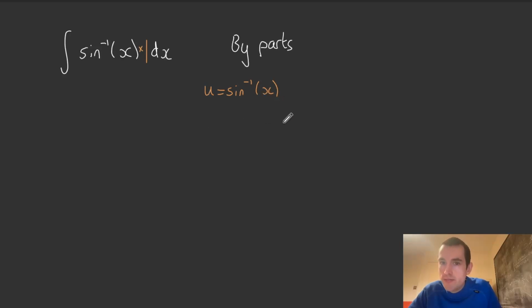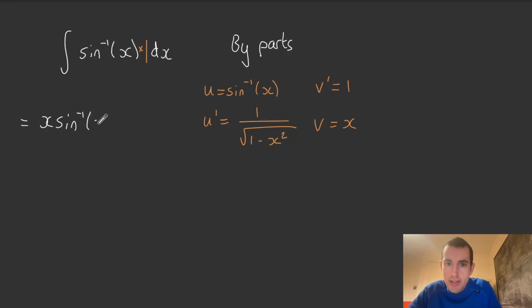We can't make it v dash, as we can't integrate it. So from the formulas we saw at the start of the video, u dash will be 1 over root 1 minus x squared. Then v dash will be 1 and v will be x. We plug this into the formula and we get x sine to the minus 1 of x minus the integral of x over root 1 minus x squared dx.